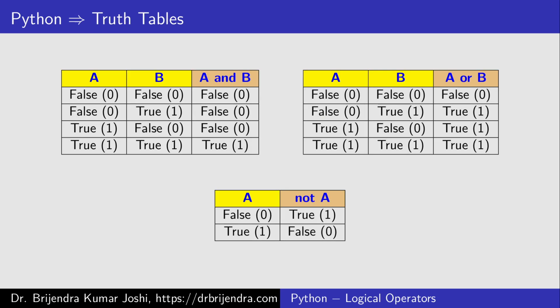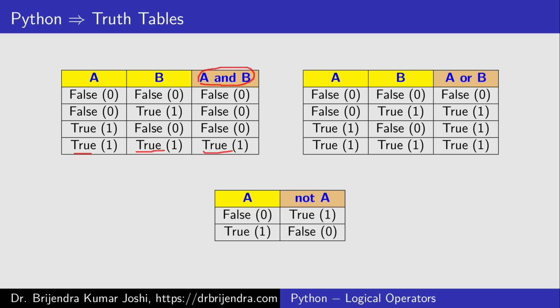Now here are the truth tables. We observe here A and B would be true if and only if A and B are both true. Internally, true is represented as 1 and false is represented as an integer 0. So A and B can be any expression or statement which evaluates to a Boolean value.